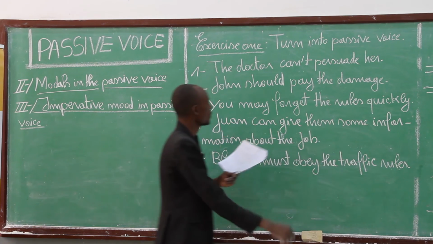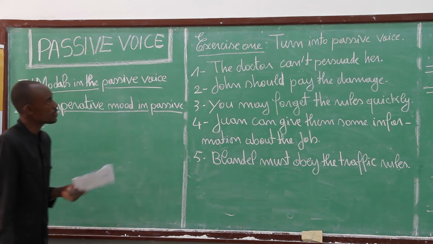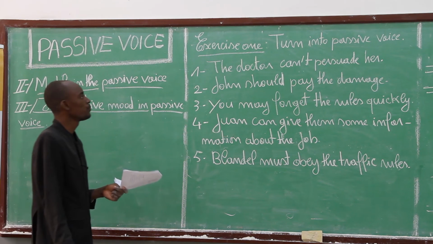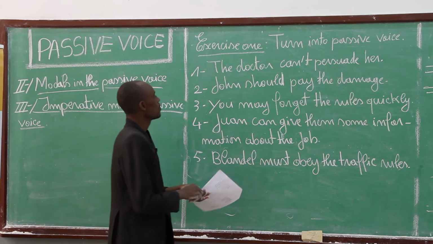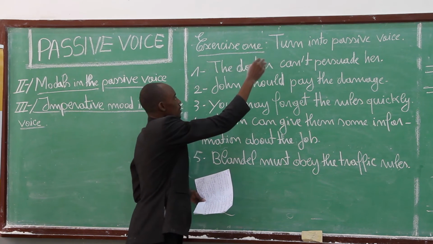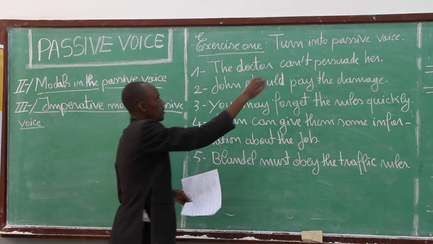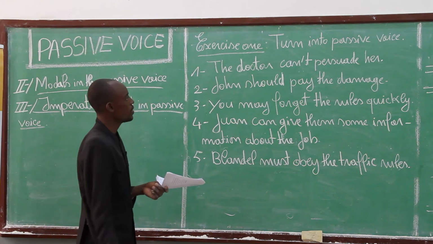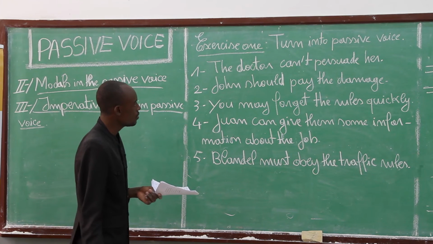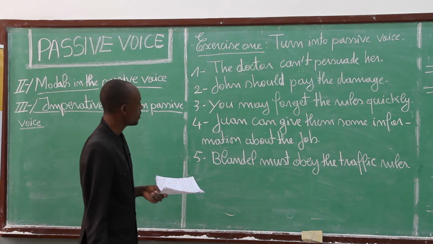Okay. Now we have our first exercise to turn into passive voice. The doctor can't persuade her. John should pay the damage.